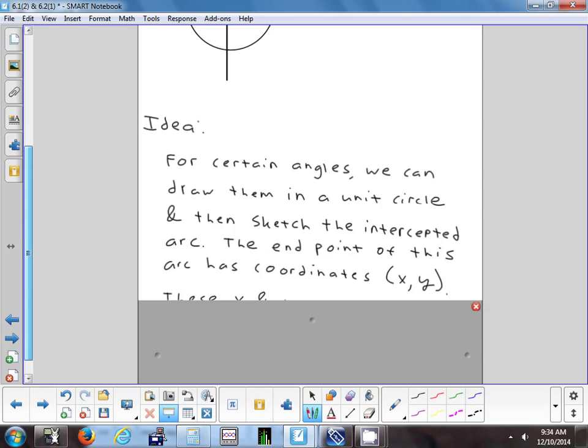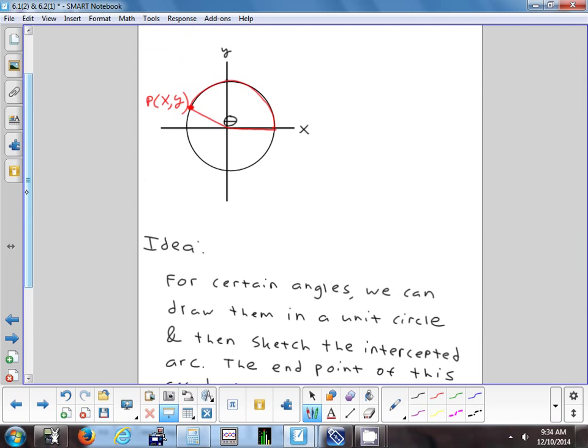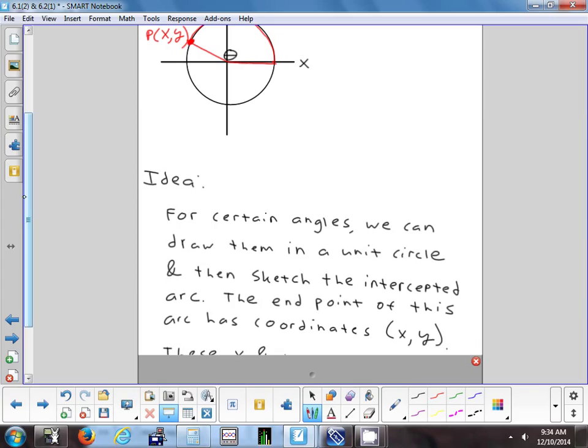Okay, once you draw that arc, the arc ends somewhere. For this particular arc, it ends right there, okay, right where that point is. And that point has a coordinate. It's got an x value and it's got a y value.